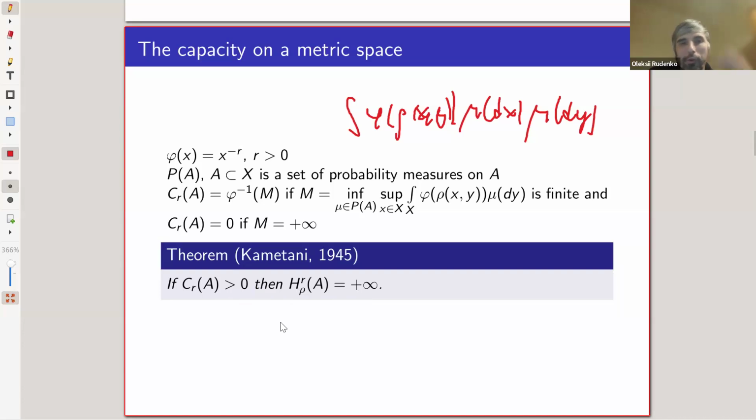For the reverse theorem, there are additional assumptions, for example, we need to have the Euclidean metric. I am not sure that in my specific situation we have a reverse theorem, but I think I know where I can find it. I found the paper, but at the moment I cannot explain it. So maybe it is true. I have hope that both this capacity and this capacity are related to Hausdorff measure in such a way.